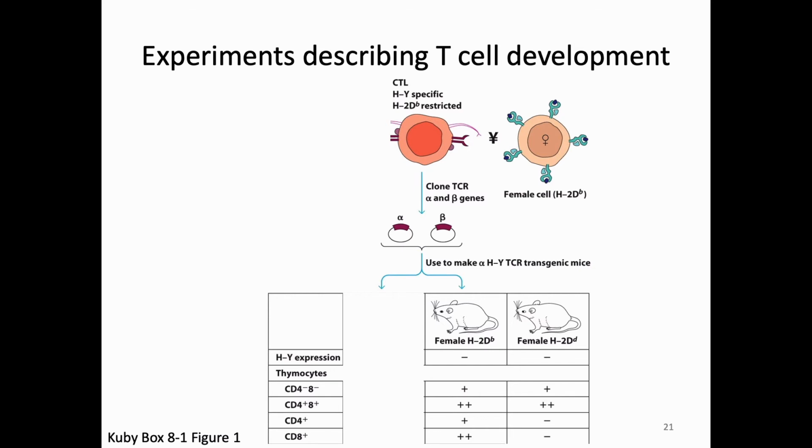HY is specifically presented by H2D. Is that class 1 or class 2? Is H2D a class 1 or a class 2? Class 1. And it's the specific kind of H2D called D of B.